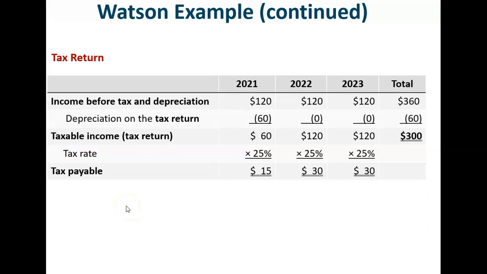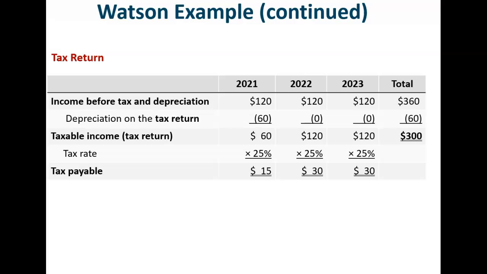The 3 years of tax returns look quite different. Income before tax and depreciation is the same as financial statement income before tax and depreciation, $120,000 each year. But the tax laws allow the company to deduct the full $60,000 cost of the equipment in 2021, leaving taxable income on the tax return in 2021 of $60,000.